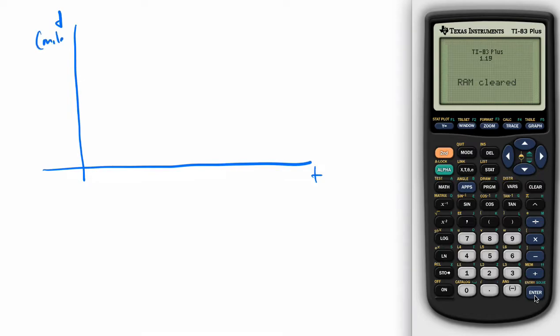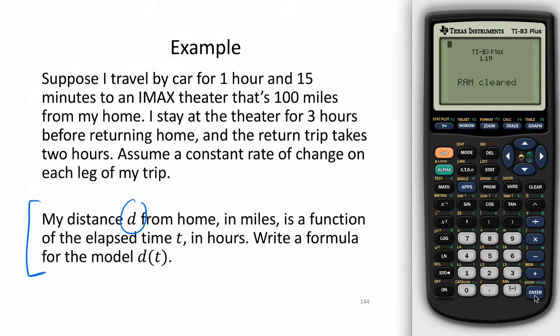This is in miles. The origin, that's where I start. That's going to be a point on my model, the point 0, 0. t is in hours. That's the way we wanted to set up our independent variable.